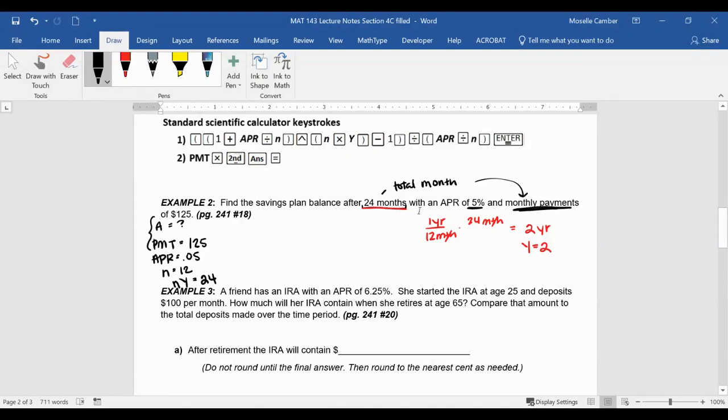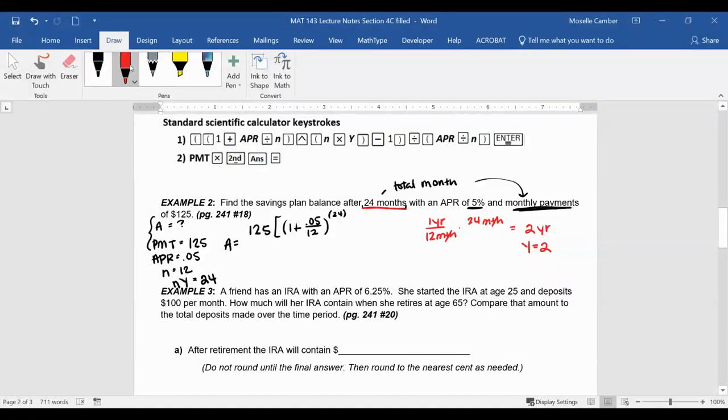So then we just plug and check. So we have A equals my payment, and it's going to be 1 plus my APR, so 0.05 divided by n, which is 12, raised to the n times y. So here, since we know n times y, we can put a 24 here.